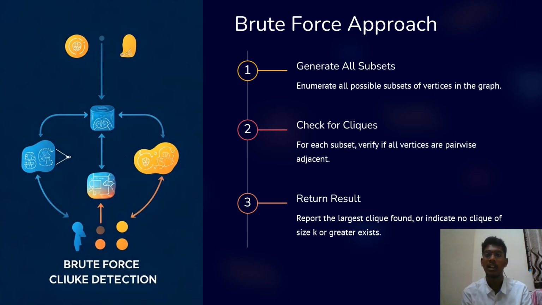Check for cliques: for each subset, verify if all vertices are pairwise adjacent. That means we check whether the vertices in each subset are adjacent to each other pairwise.